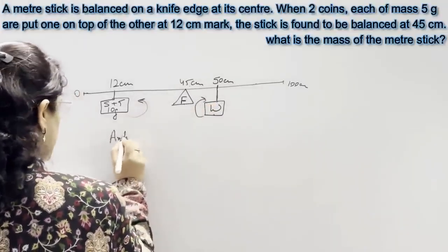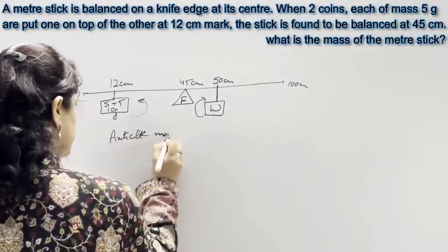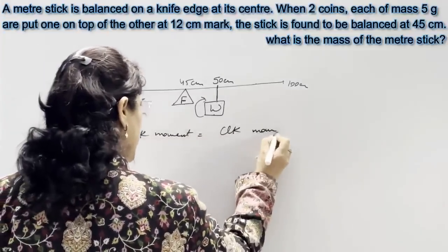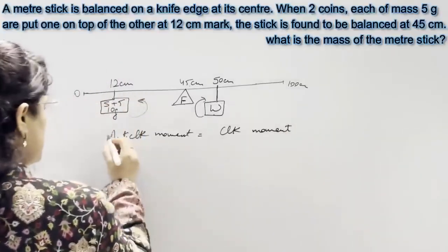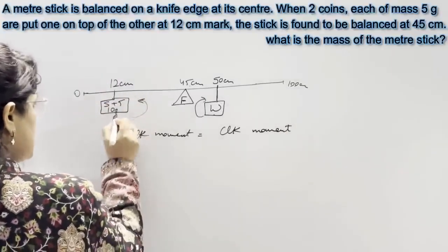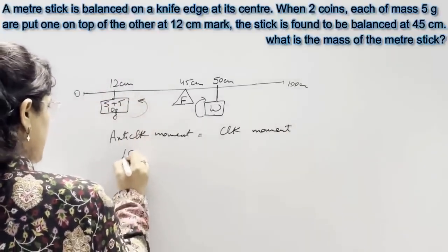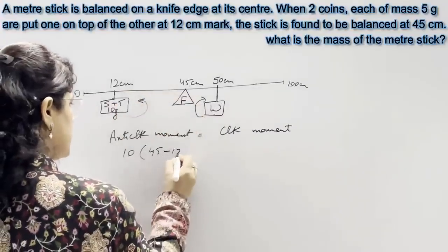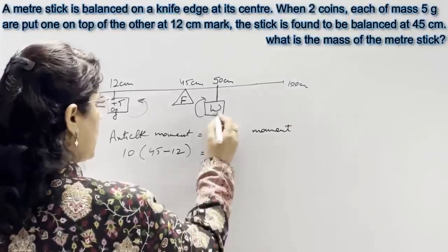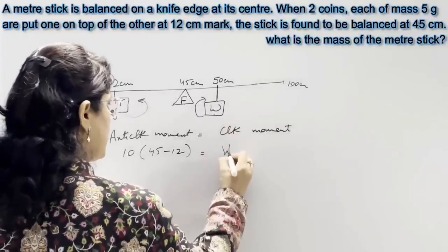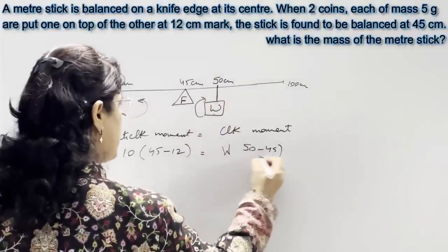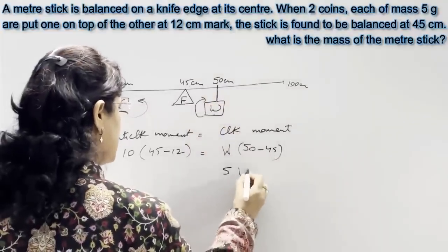So according to the principle of moment, anti-clockwise moment is equal to clockwise moment. Now what is the value of anti-clockwise moment? This is the value of F, it is 10 gram, and the value of D is 45 minus 12. This is the distance from the fulcrum. And for the clockwise moment, the value of force is W, and the distance is 50 minus 45. It means 5, and this is W.